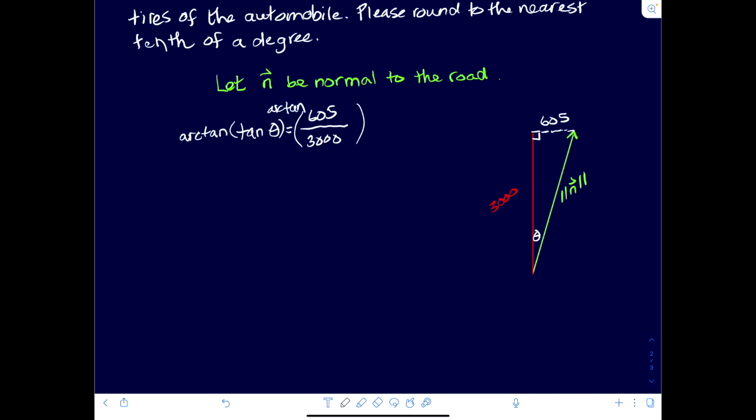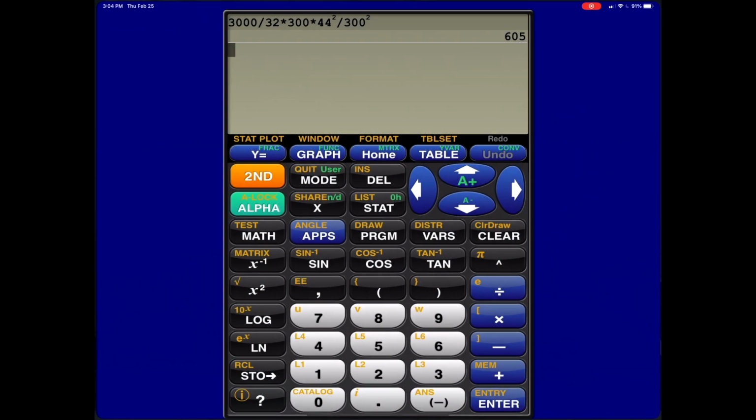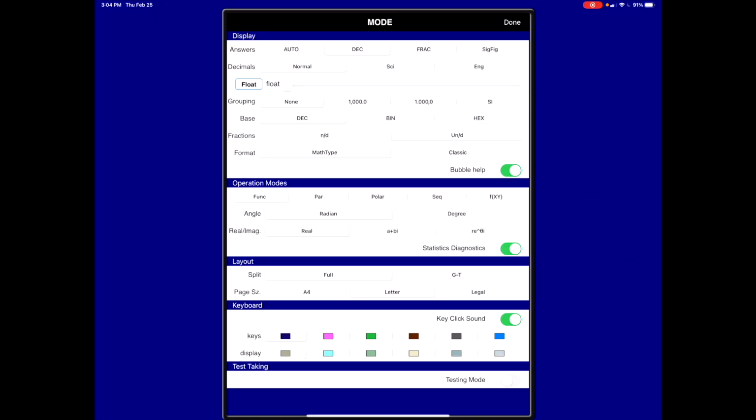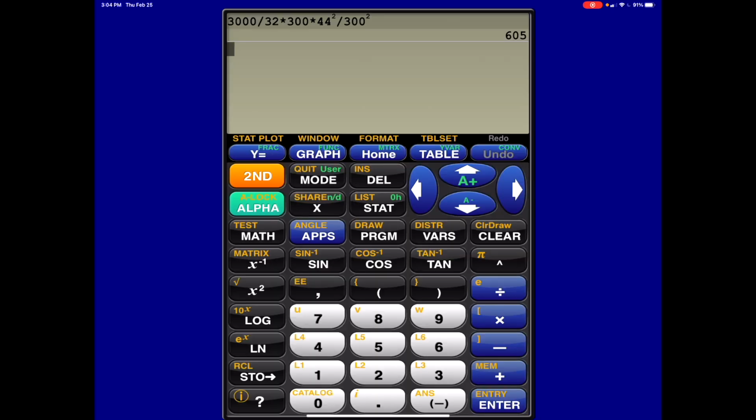it's just the inverse tangent, you'll get that theta is equal to the arctan of 605 over 3,000. And when we plug this into the calculator, make sure you're in degree mode, we'll get 11.4 degrees.